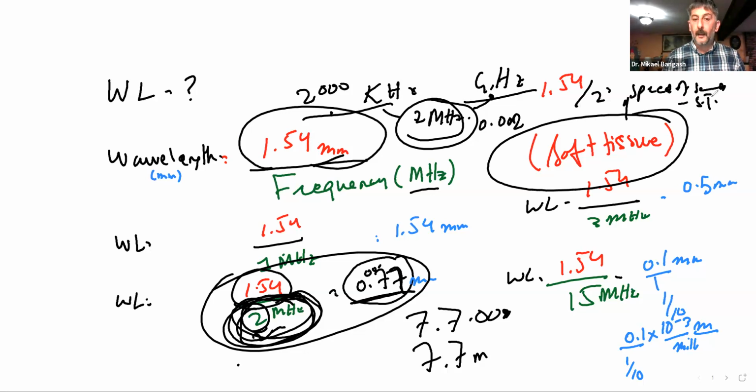Clear? Whereas the megahertz, that's because that speed value is going to be this many millimeters per microsecond. Okay, guys? So for now, just remember this formula here.